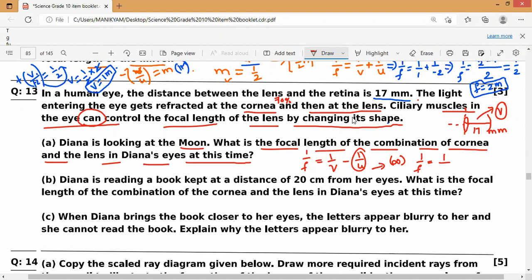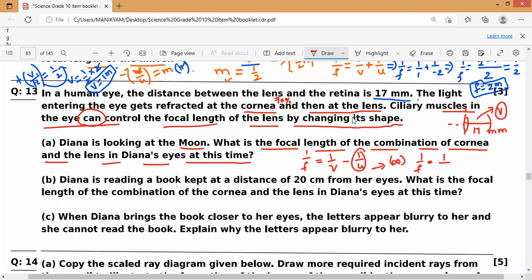The thickness of the lens can vary so that it will adjust the focal length. It will adjust the power of the lens, but the image distance always remains the same. That is the point you should note down.